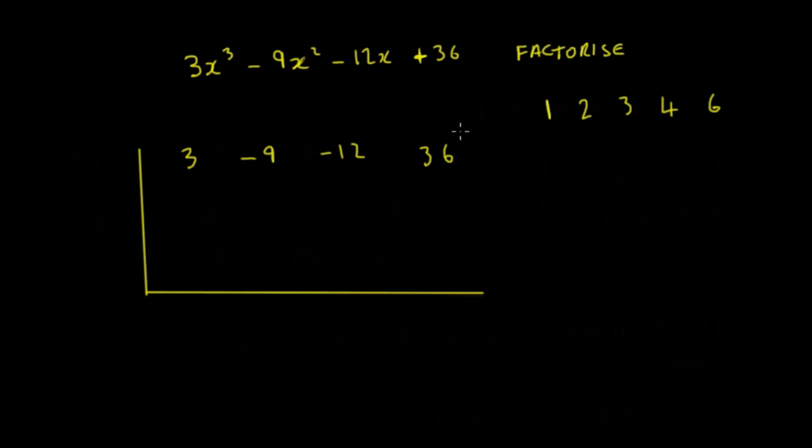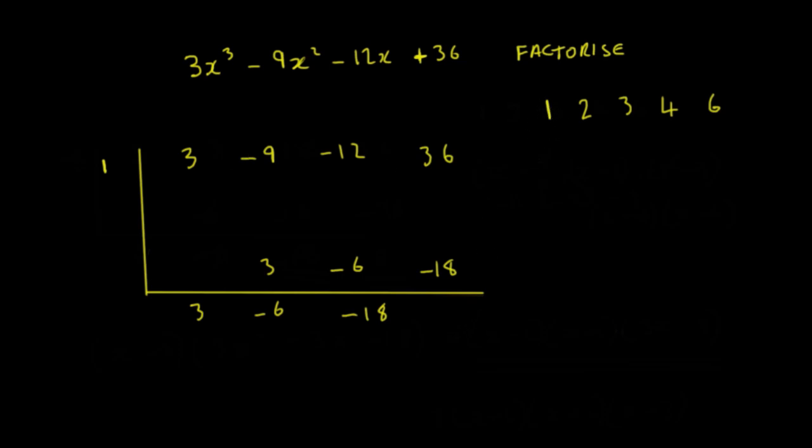We're going to start off with x equal to 1. So we'd have 3 times 1 is 3, and then we would add these up and that would give us minus 6, and we would have 1 times minus 6 is minus 6, minus 12 that's minus 18, and 1 times minus 18 is minus 18, and when we add that on, we don't get a value of 0, so 1 is not a factor.